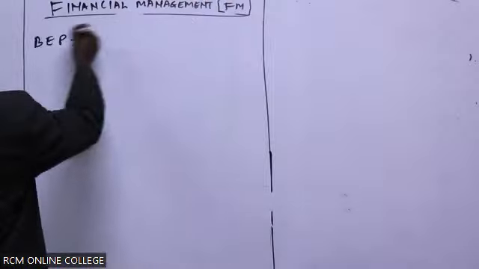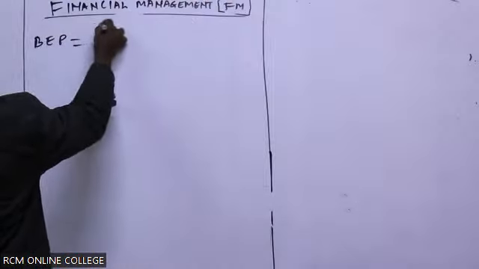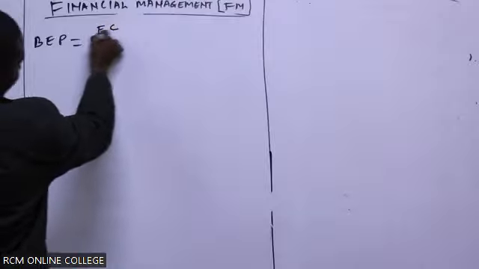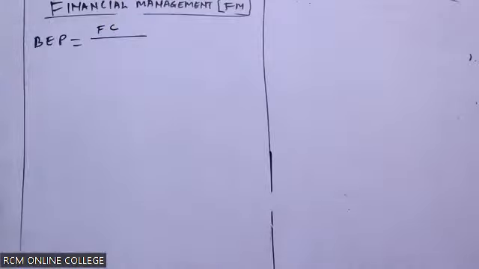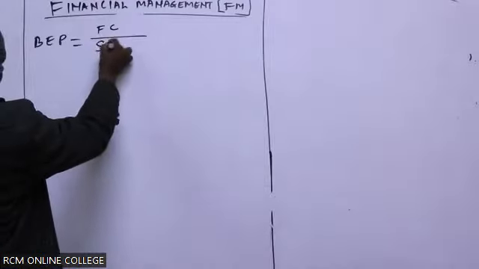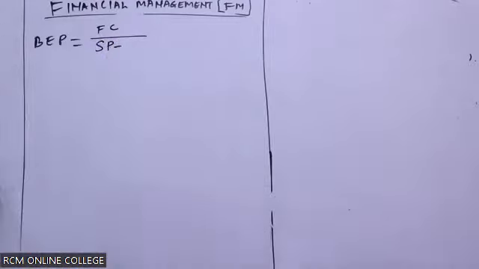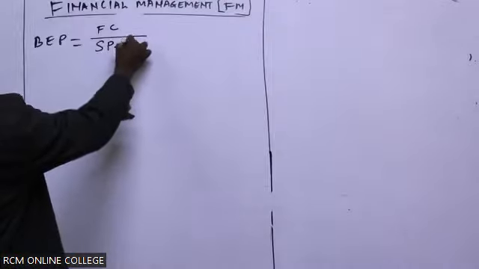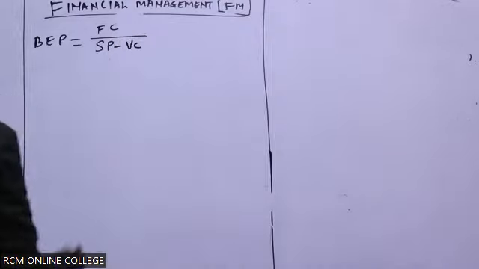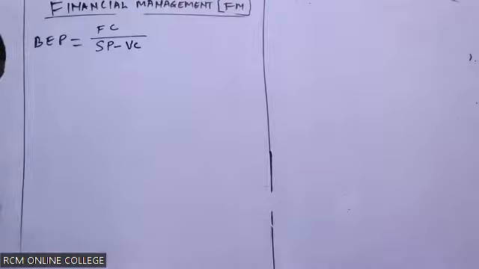It is given by fixed cost divided by whatever the examiner has given us here. You can see we have selling price minus the variable cost. Do we have variable cost? Yes, we have variable cost. So that you get there, and you will be done with that.